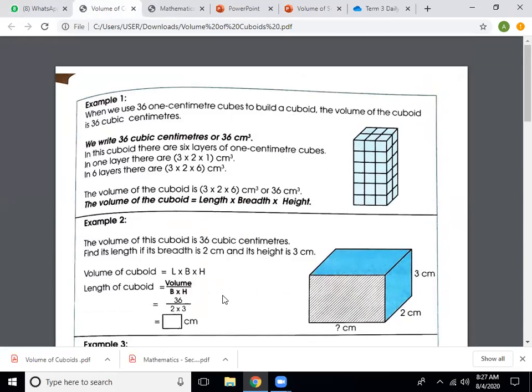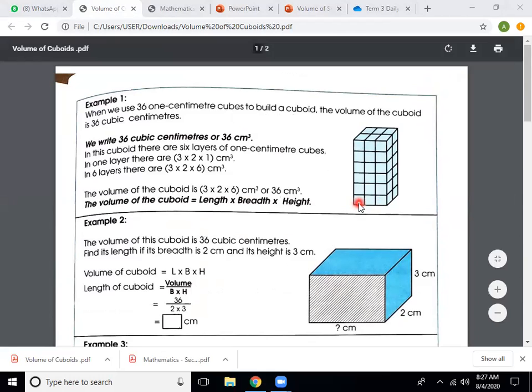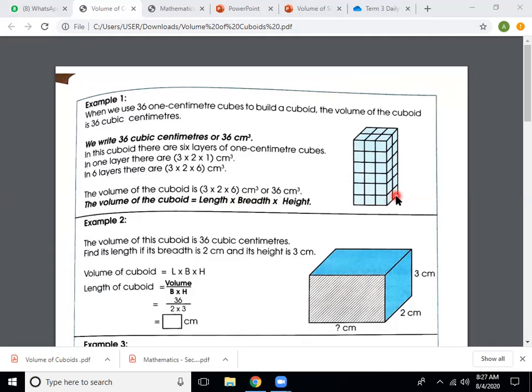First of all, when we use 36 1 centimeter cubes to build a cuboid, meaning that this block that you are looking at, just get a little highlighter. This block that you're looking at is made up of 1, 2, 3 by 1, 2. So it has 3 and another 3 to the back, that's 6. And 6 by 1, 2, 3, 4, 5.